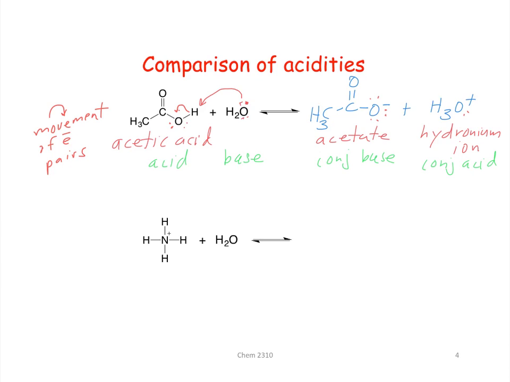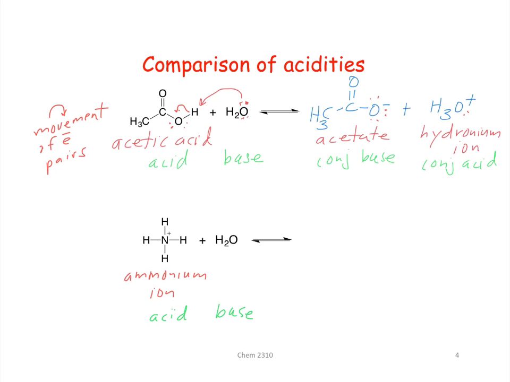All right, so let's do one more example here. This is called ammonium ion, and again, that's going to react with water. So like we did above, ammonium ion is going to react as an acid. Water is going to react as a base.